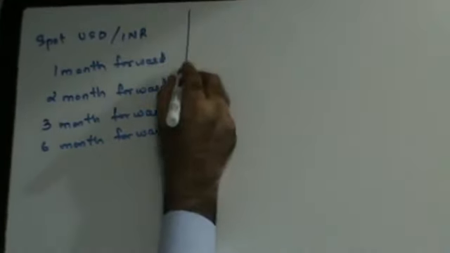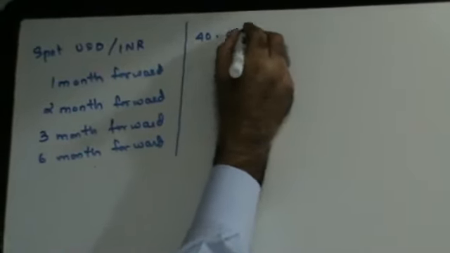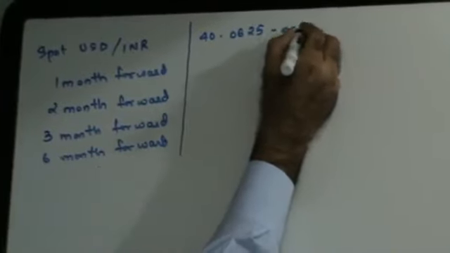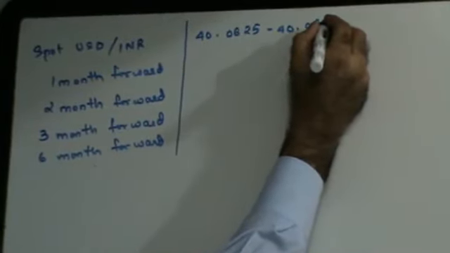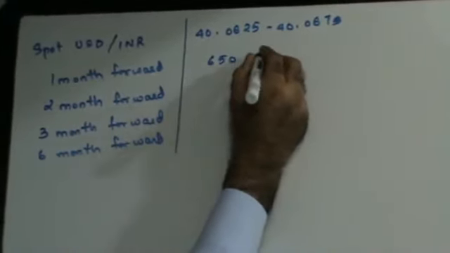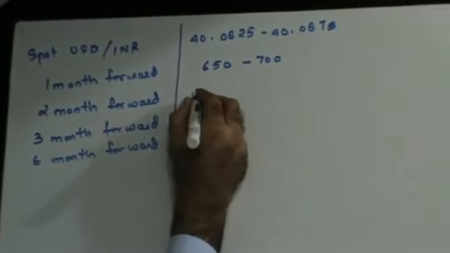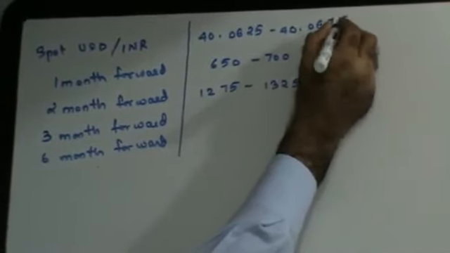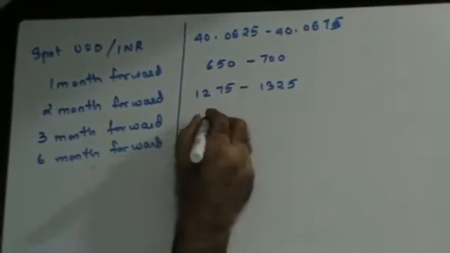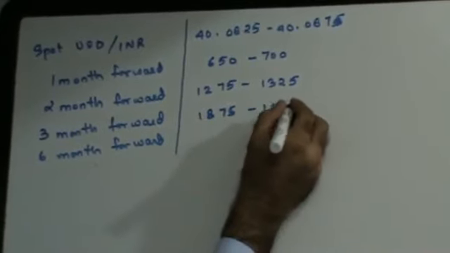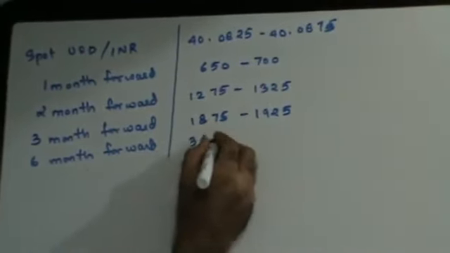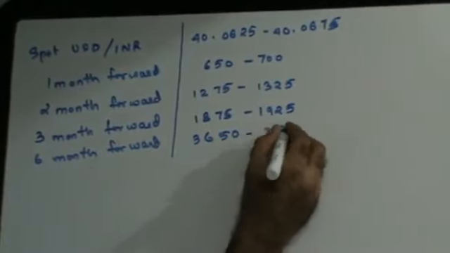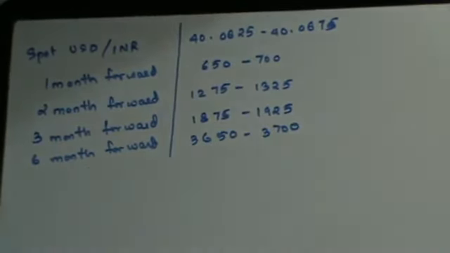Let's assume that the spot rate is 40.0625, 40.0675. The 1 month forward swap points are 650, 700; then 1275, 1325; 1875, 1925; and 3650, 3700.